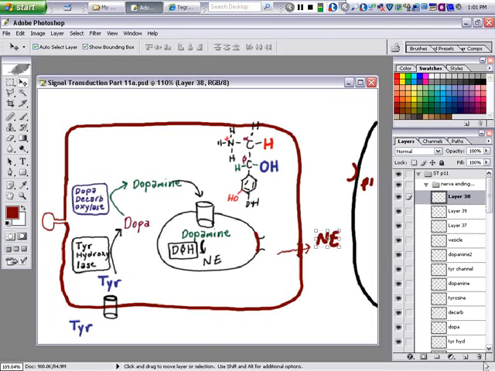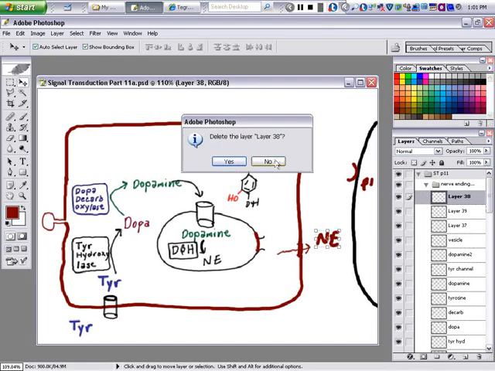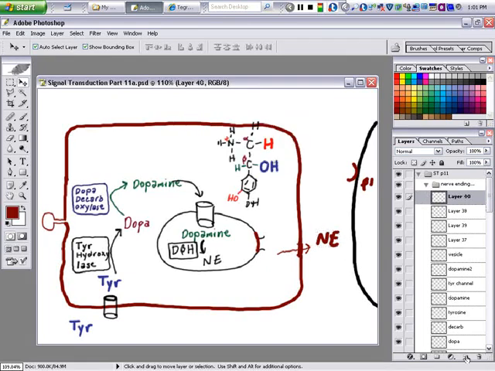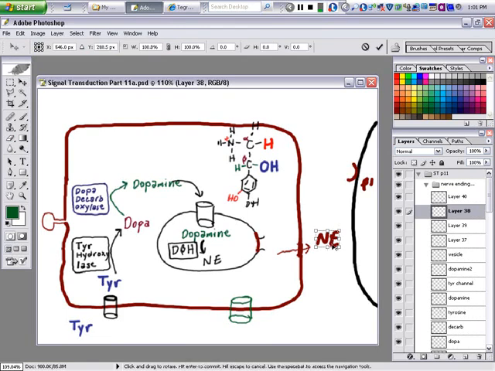To get it back in, you're going to have a little channel here, a little transporter for norepinephrine, and the norepinephrine is going to come through that channel and back into the cell.